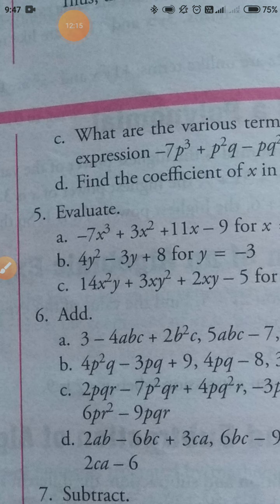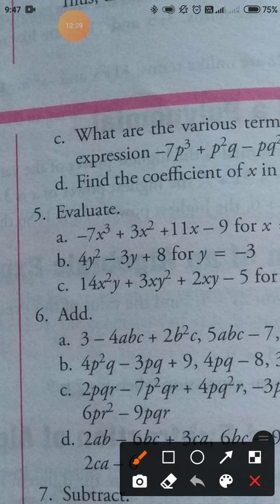We have been asked what the value of this expression will be when y becomes minus 3. So you will substitute y equals minus 3 at all places of y. So what you will get is 4 times minus 3 square minus 3 times minus 3 plus 8.